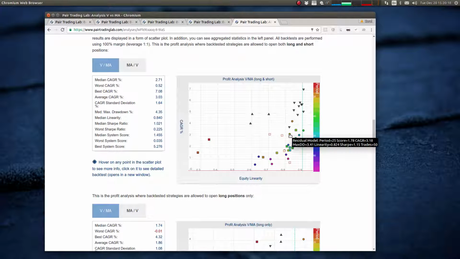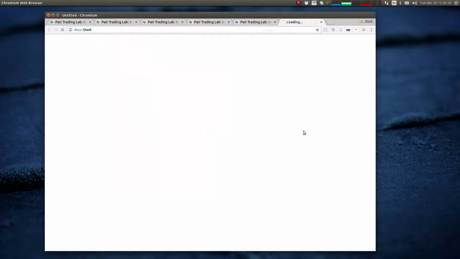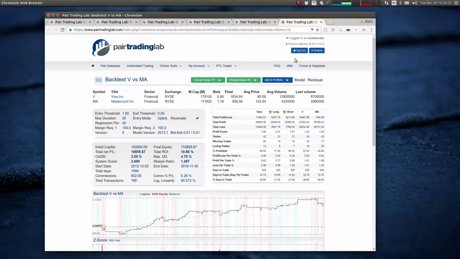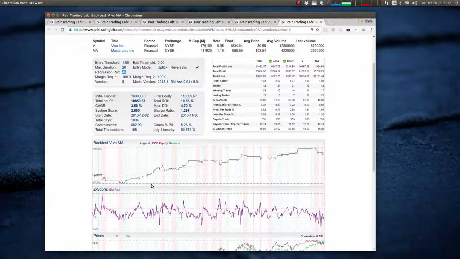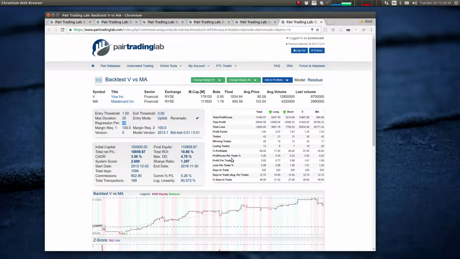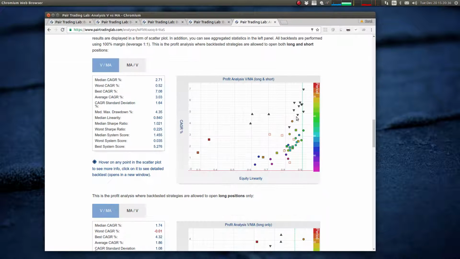This is some residual model with really long period, I guess. It's period 45, and it's not really close as good as Kalman Filter. Yes, for this pair.